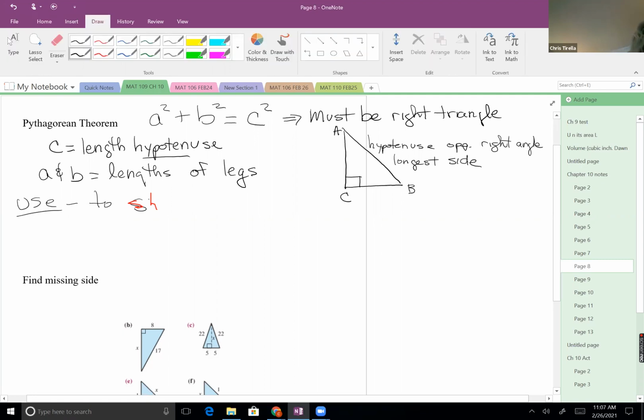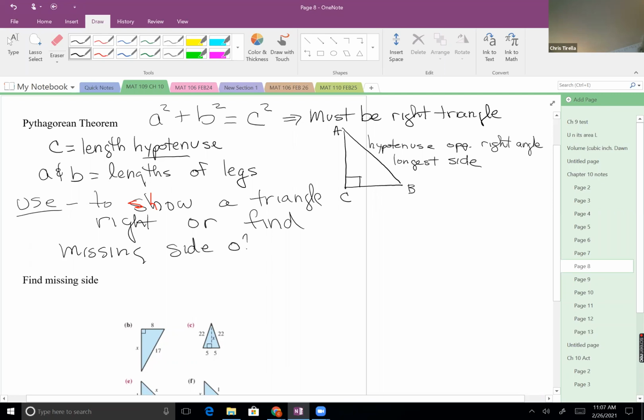To show a triangle is right, or to find the missing side of a right triangle. But again, it can only be a right triangle.